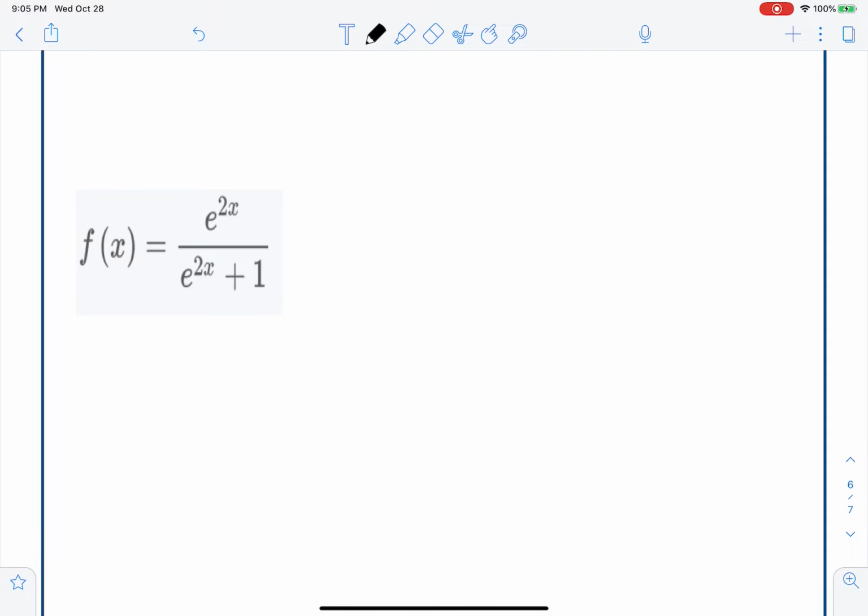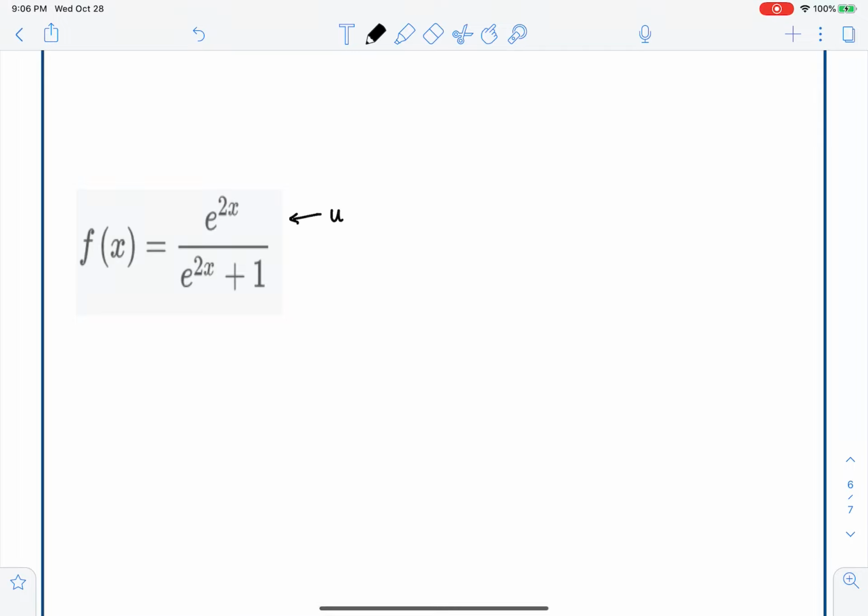Here is another function involving natural exponents, but only this time we have natural exponent in the numerator, natural exponent in the denominator. So obviously we've got to use quotient rule.